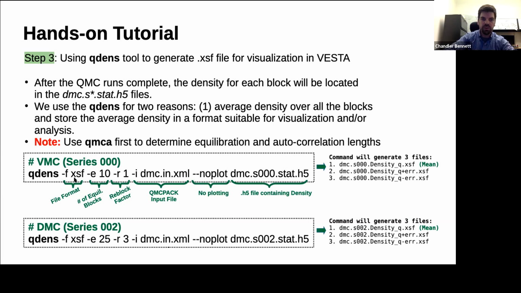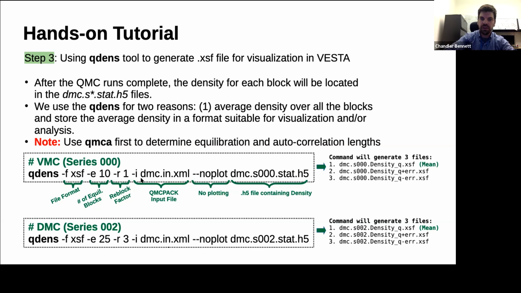And what we tell the tool is that we want it to output an XSF file. This will be used later for visualization in VESTA. We provide the number of equilibration blocks. There'll be some number that we determine from QMCA, and we want to throw those away from QDens as well. We provide a reblocking factor, which allows us to get rid of autocorrelation errors.